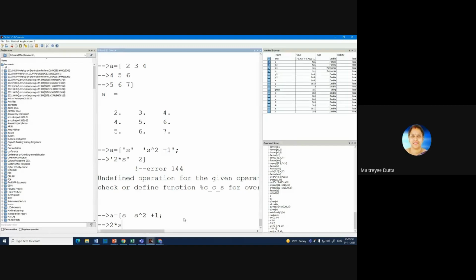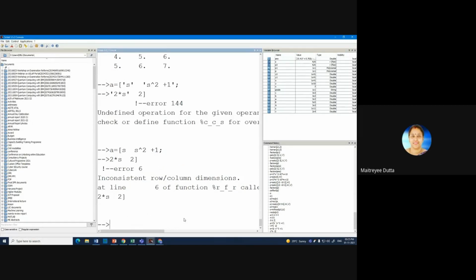Then also it will give an error, right? It is giving inconsistent row or column 1, 2, 3, and 4. It is +1, it is not taking it. Okay, say I am telling here.